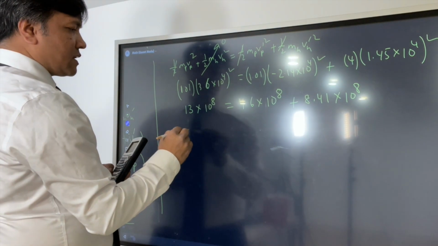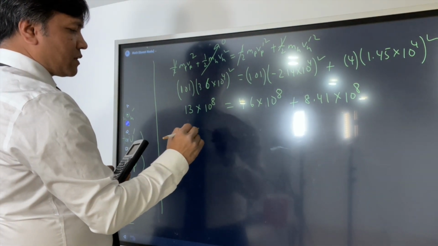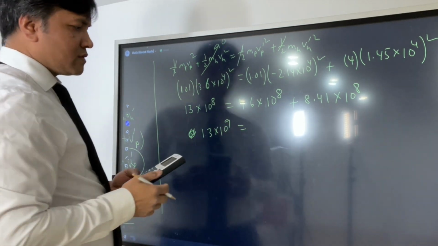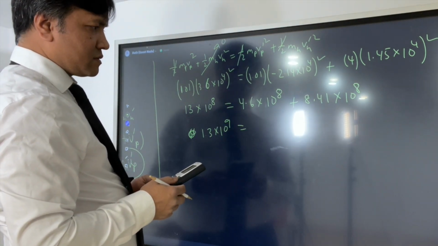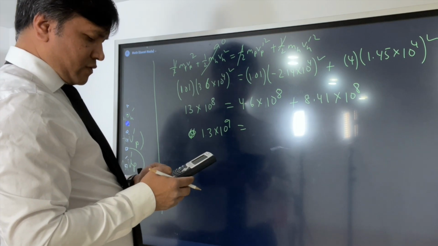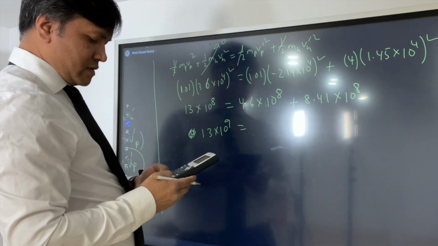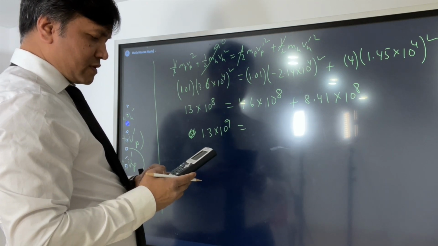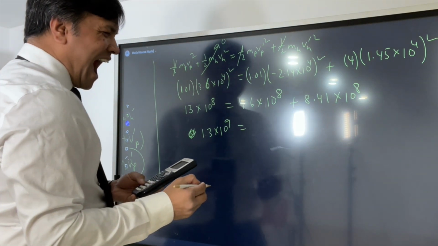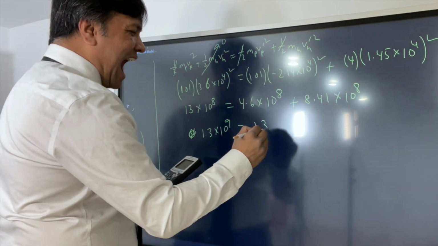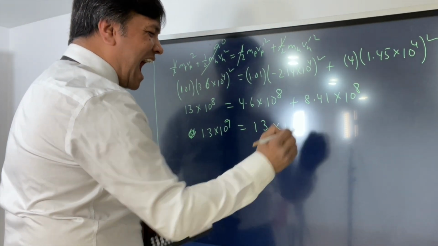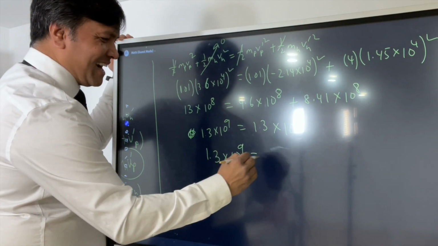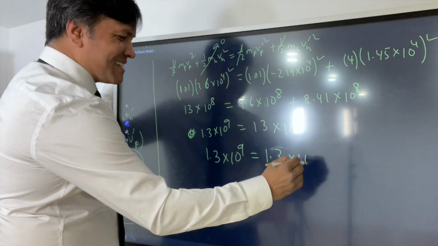Now 13 times 10 raised to 8, or 1.3 times 10 raised to 9, is equal to 4.6 plus 8.4, which is 1.3 times 10 raised to 9. Oh my, 1.3 times 10 raised to 9.